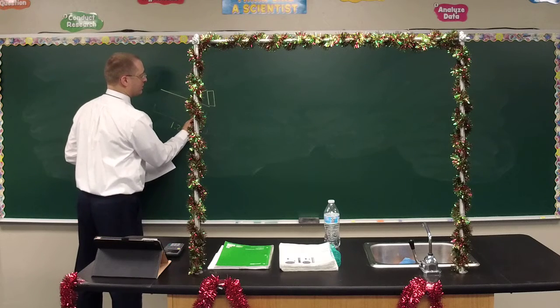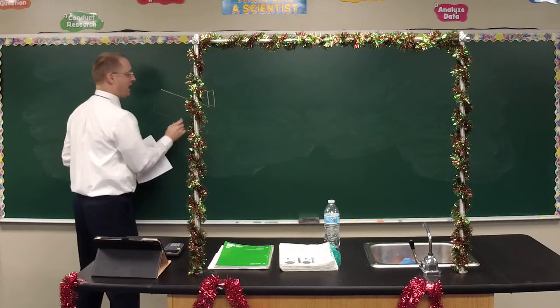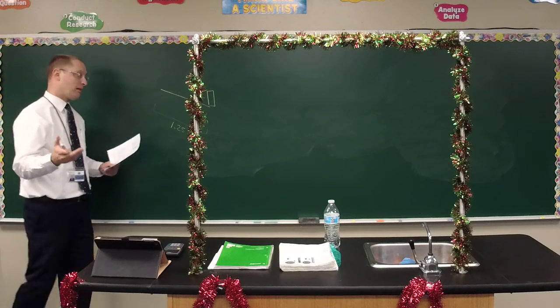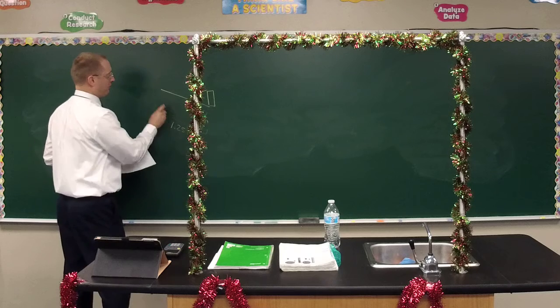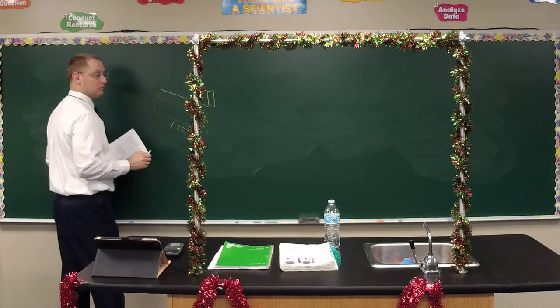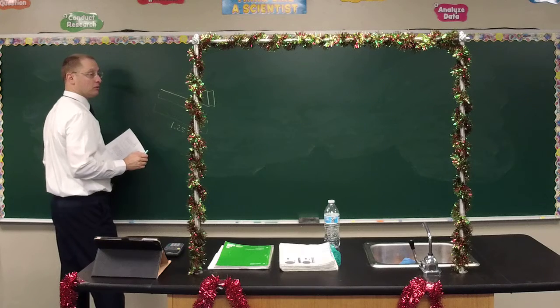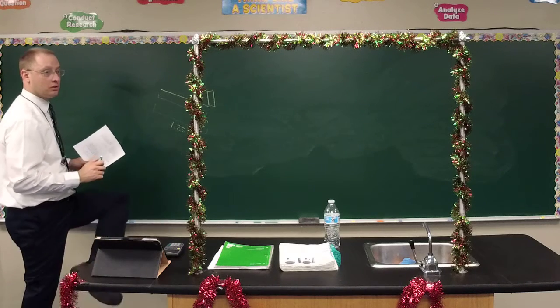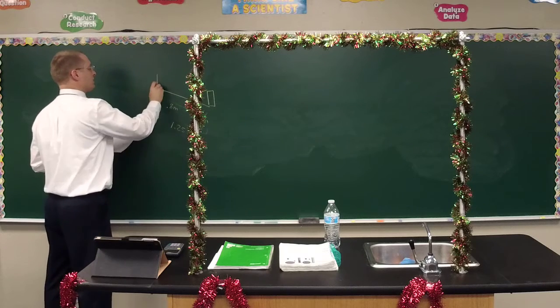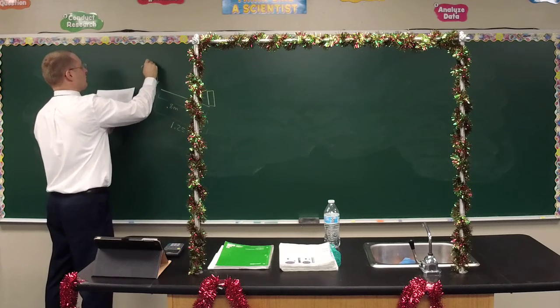So that right there is 0.45 meters, class. We would call that the output lever arm. By the way, if it's 0.45 meters, what's the input lever arm? 0.8. 0.8 meters.